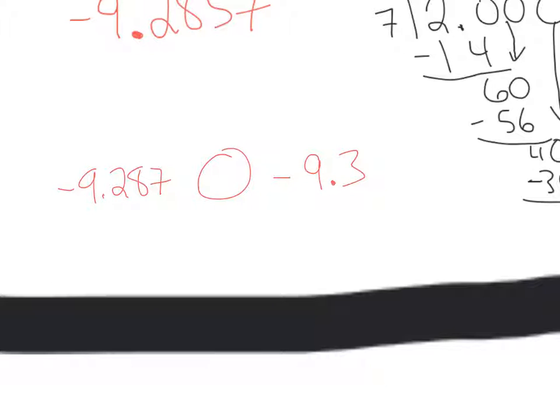Alright, and if we are on the number line, and this is negative 9.3 right here, negative 9.2857 would be on this side of negative 9.3. So that means this value, negative 9.2857, is actually going to be greater than, since it's more to the right. It's more to the right than negative 9.3. So you're going to put greater than.